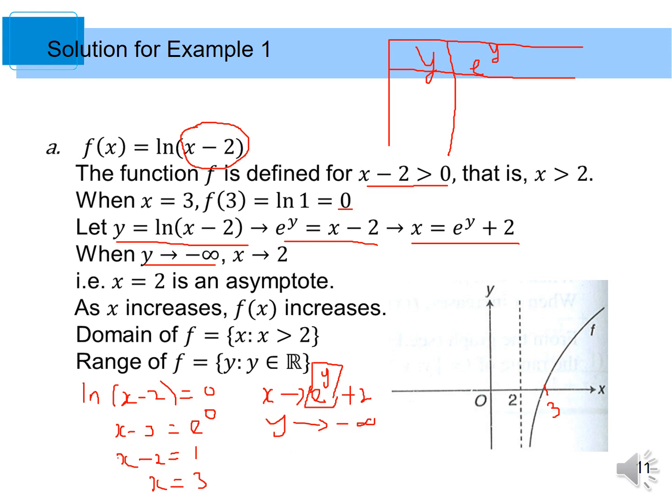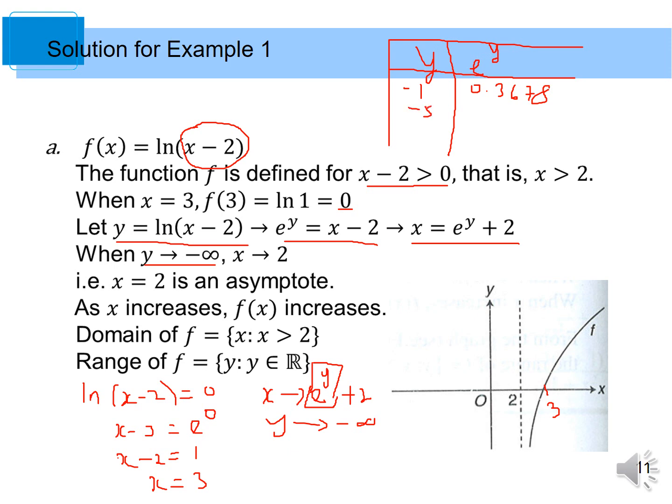For example, -1: you can check your calculator, substituting -1 into the exponential function, you will have 0.3678. And how about -5?